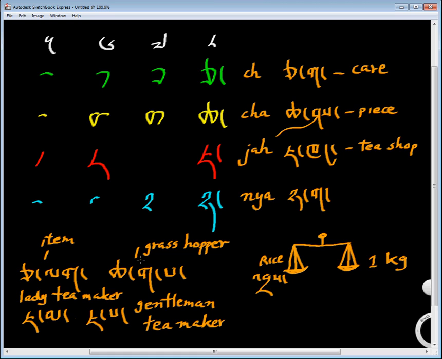And then the next letter is nya. The other example I could think of for nya is nya, pa. Nyapa meaning fisherman.